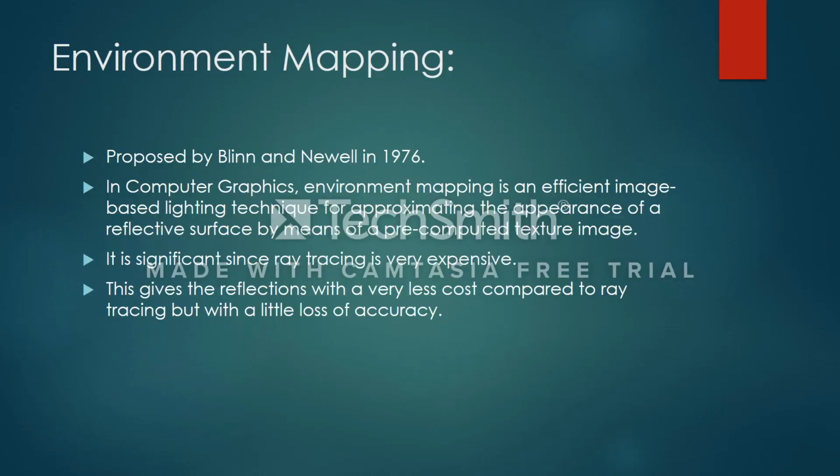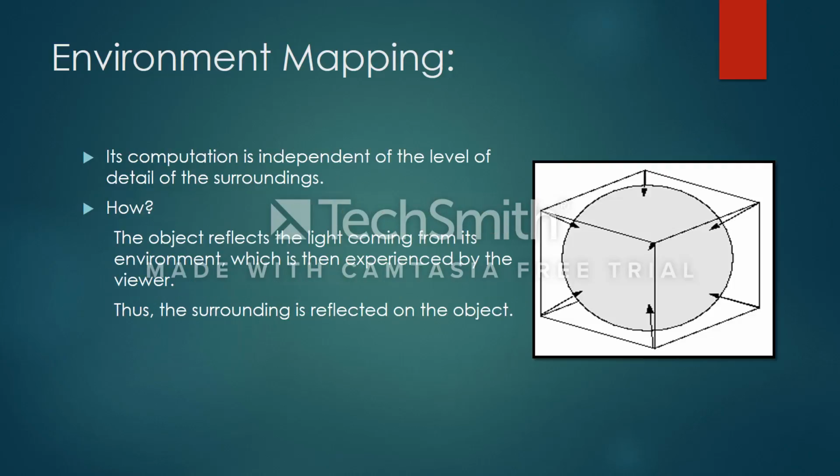So this is very significant because ray tracing is very expensive, while this one gives you the result at a very cheap cost. You can't ray trace the whole surrounding to reflect that image on an object, which needs lots and lots of memory and lots and lots of computation also.